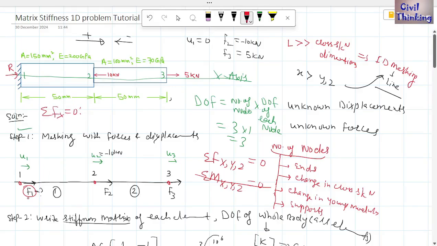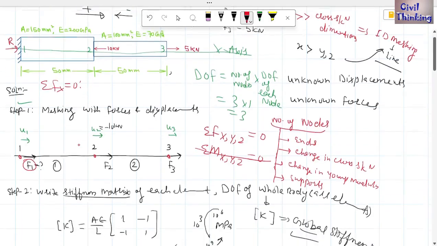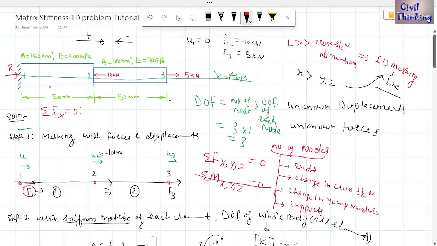So R minus 10, because 10 is to the left, so it is negative 10, plus 5 equal to 0. From here I get R to be minus 5 plus 10, which is 5 kilonewton.